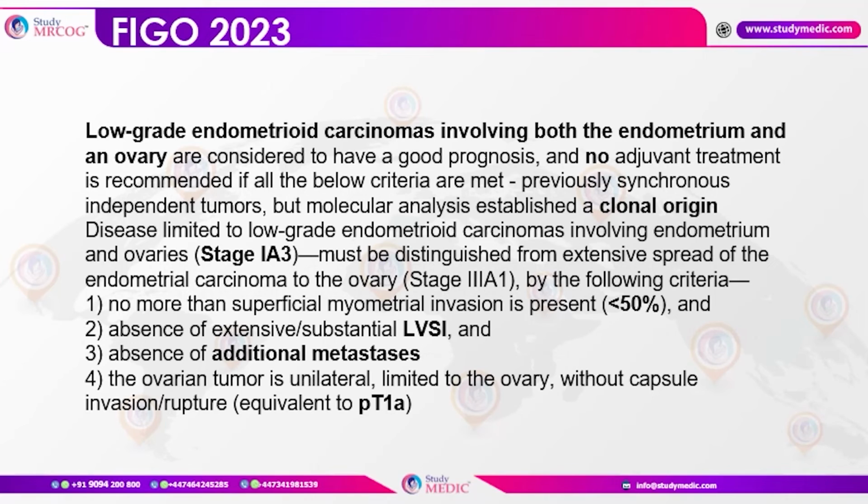Now coming to how to differentiate, and what is the criteria to differentiate between stage 1A3 and stage 3A1. All the following criteria must be fulfilled for it to be allotted stage 1A3.